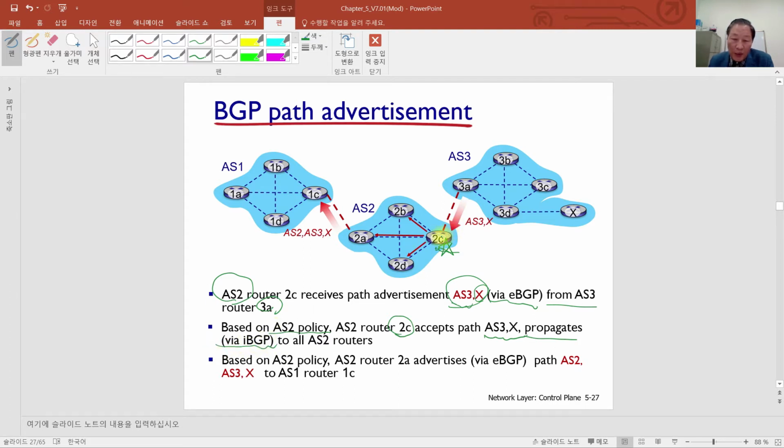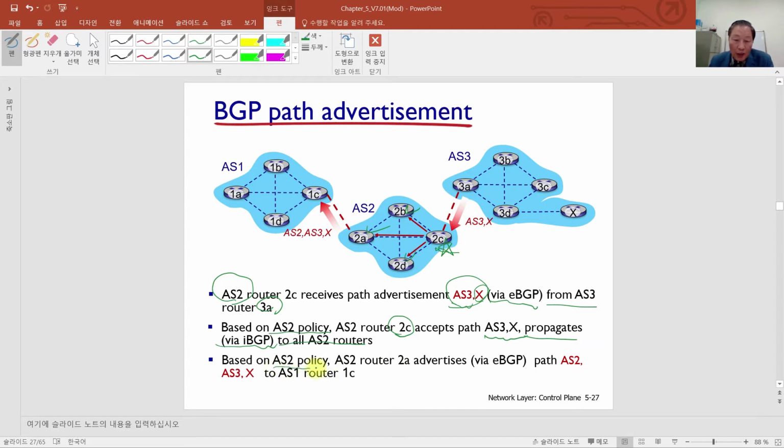That is a BGP message, and internally it will be distributed to all autonomous system 2 routers. This one, and this one. That will be advertised and propagated.